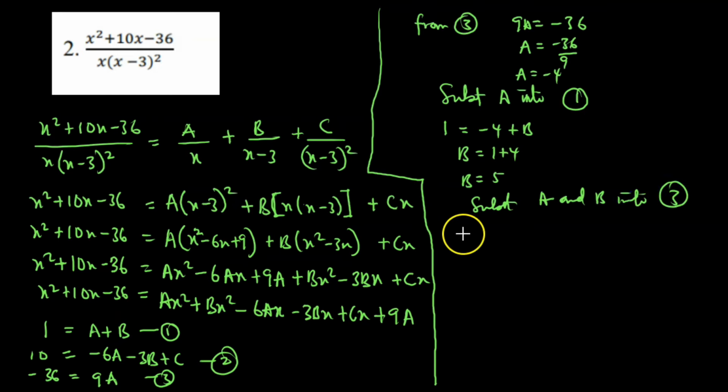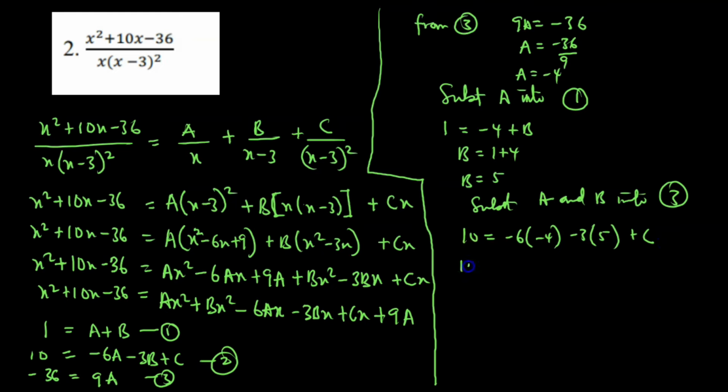So in doing so, we have 10 equal to negative 6 times a, which we know is negative 4, then minus 3 times b, which is 5, then plus c.